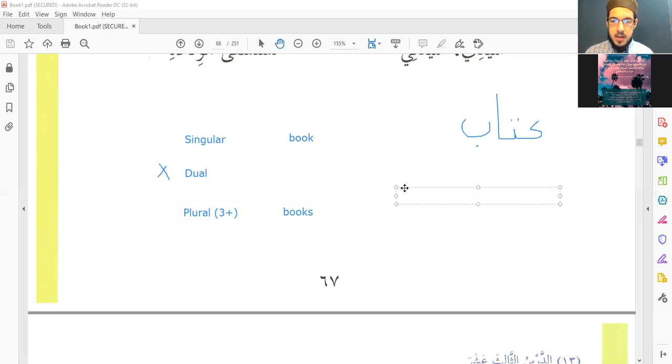We can divide those 3 types into 2 broad categories. The first category we can call sound plural. And this is for human beings. And then the second category of plurals is what they call broken plural. And that is used for non-humans.